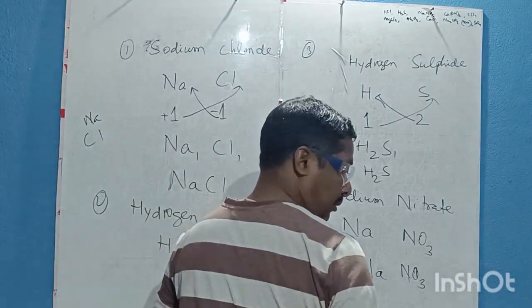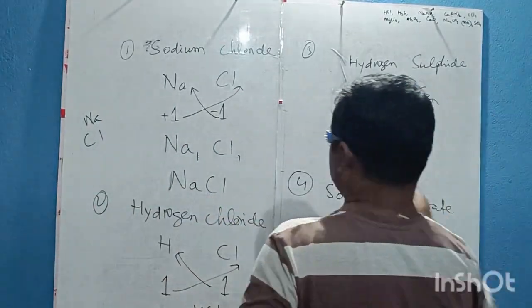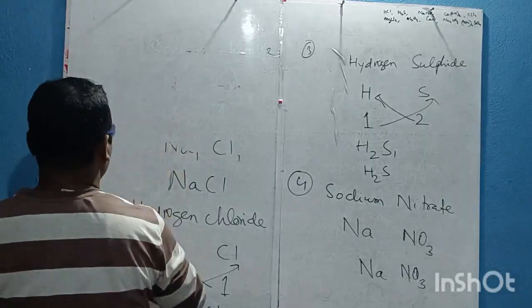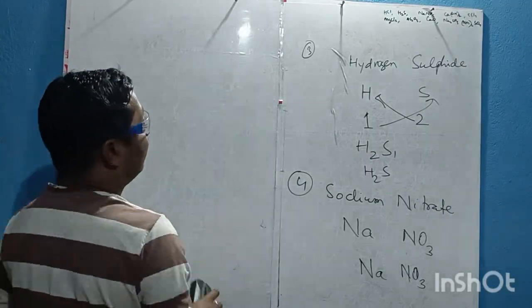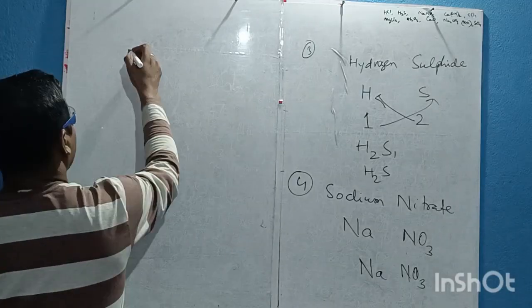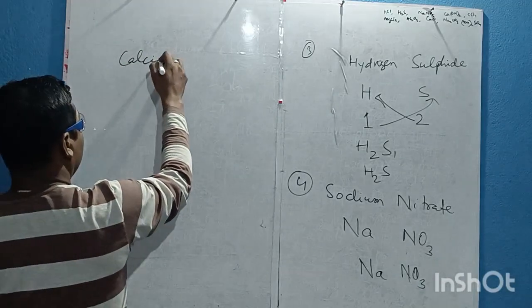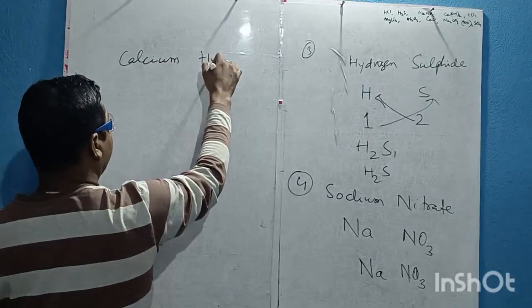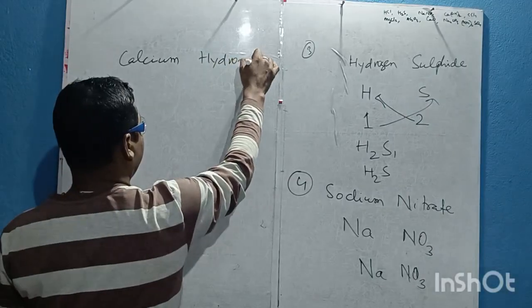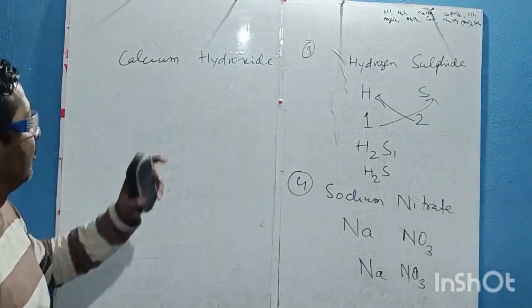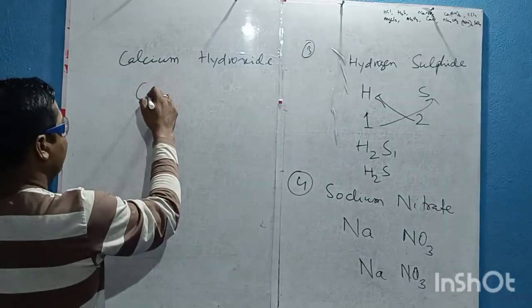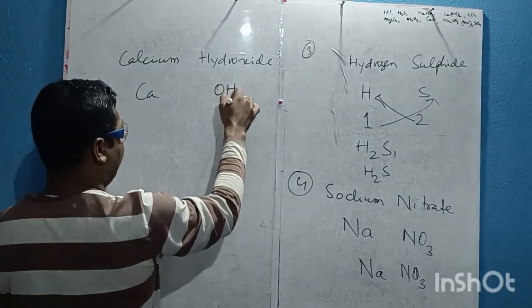Let's understand with more examples so that it will be clear. Calcium hydroxide. First of all, I will write down calcium and hydroxide separately. Calcium is Ca and hydroxide is OH.